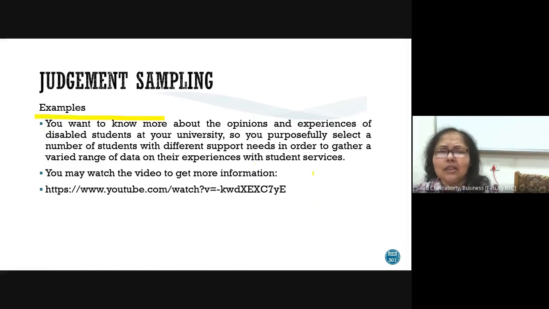For example, suppose you want to know more about the opinions and experiences of disabled students at your university. You purposely select a number of students with different support needs in order to gather a varied range of data on their experience with student services. So you're selecting based on your judgment.